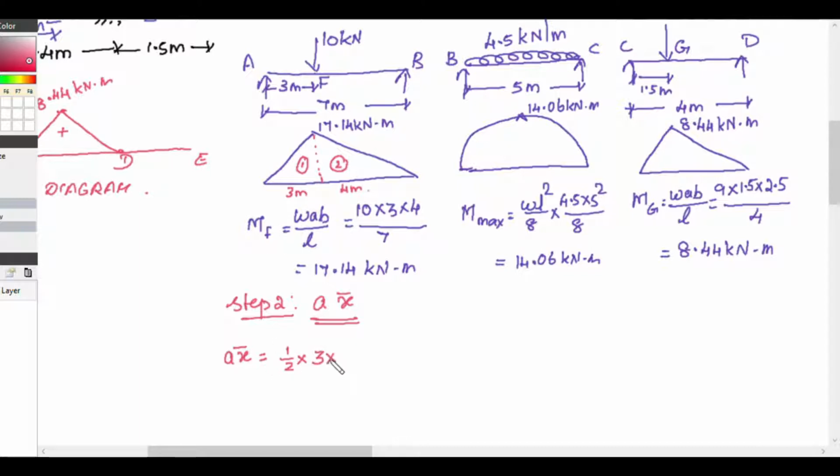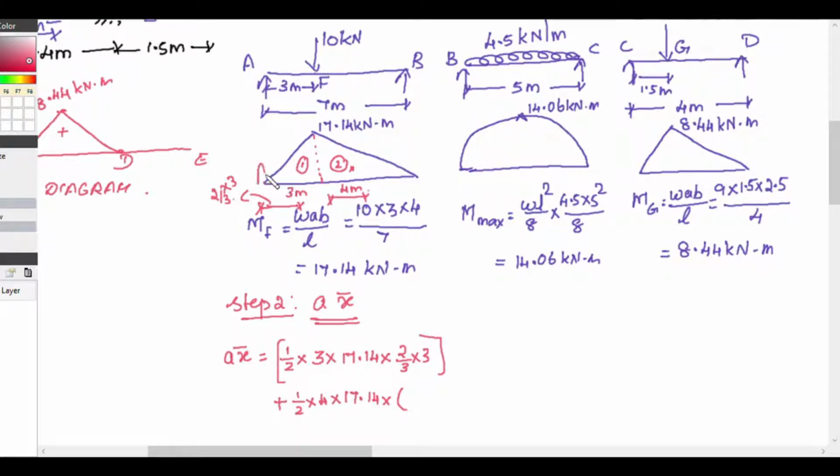Half into base into height is 17.14 multiplied by, from A the center of gravity will be at a distance of 2 by 3 of 3, this distance, plus for the second portion, half into base 4 into height 17.14 into, this distance, 1 by 3 of 4.